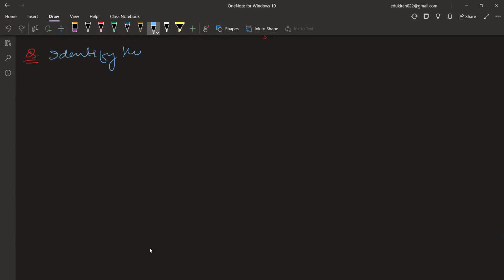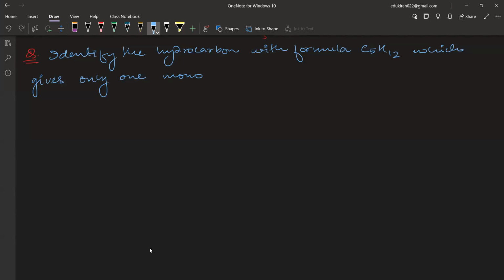Identify the hydrocarbon with formula C5H12 which gives only one mono haloalkane on free radical halogenation.